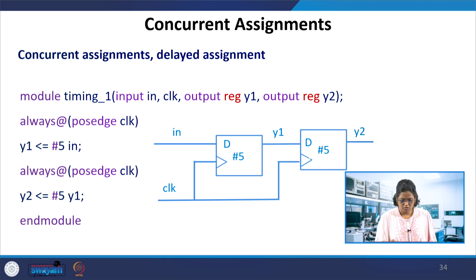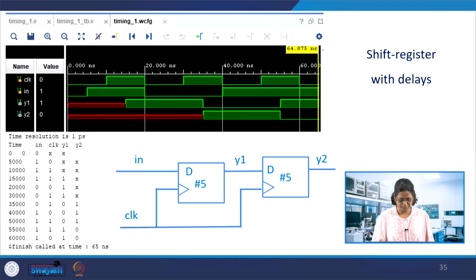So it's a shift register with sampled and assigned, and this was getting the old value and assigned. This is sampled here, assigned, and that is going here. At this point it is sampled and assigned, that value will be here, sampled and assigned, that will be after 5 time units. So this is the shift register with the delays.